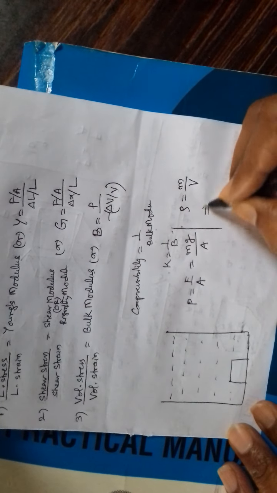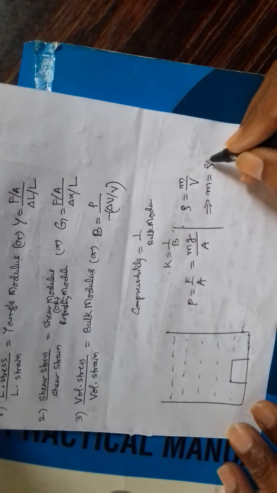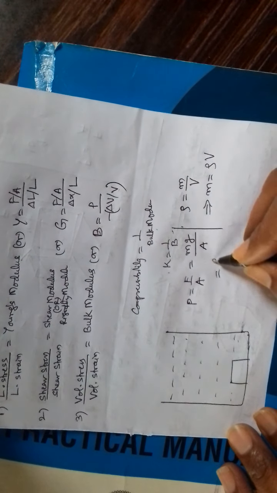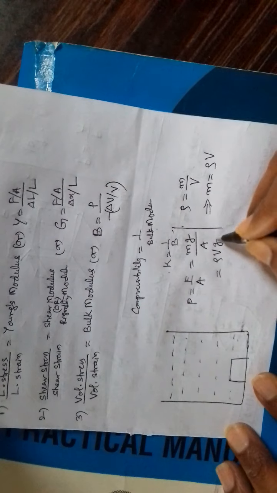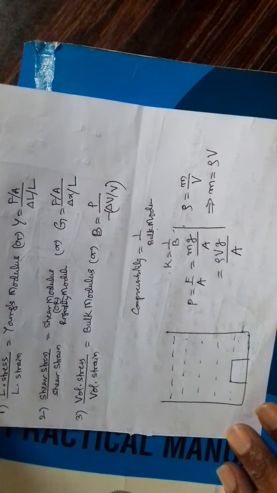So from this we get mass is equal to density into volume. So here in place of mass you can write rho and V, by A.